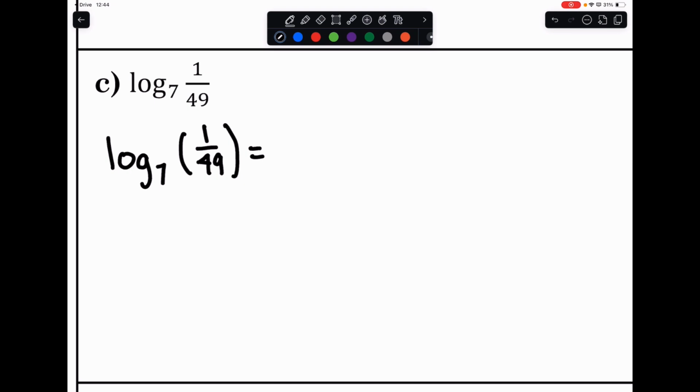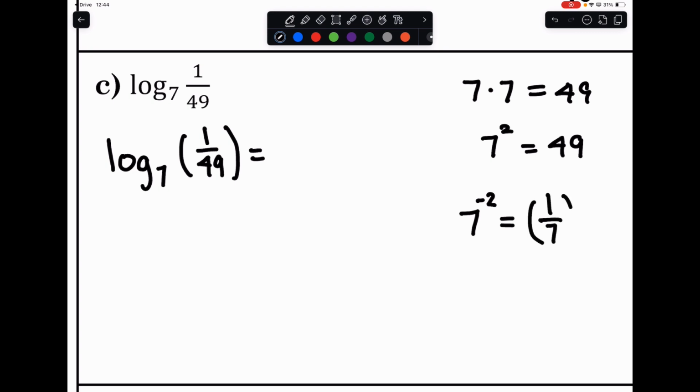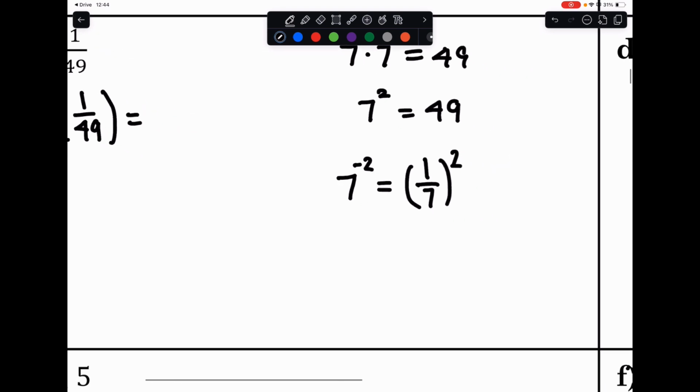So let's think about it like this. We should be aware that 2 factors of 7 is equal to 49. 7 to the second power equals 49. Now, recall that positive exponents give you that value, but if I have a negative exponent like 7 to the negative second power, because of the negative exponent rule, that becomes 1 over 7 to the positive second power, which means this value would be 1 over 7 times 1 over 7, which is 1 over 49.